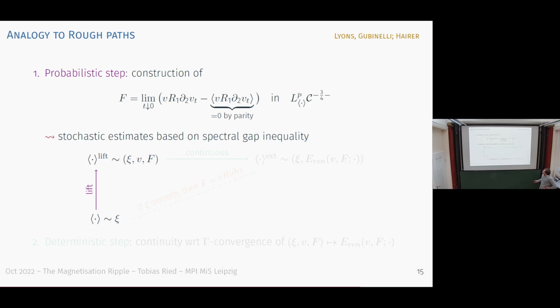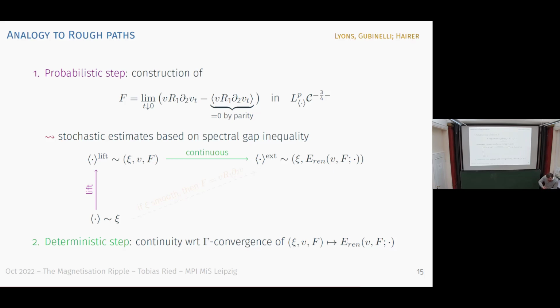such that if you now insert it in a deterministic argument, namely you just take these enhanced data, Xi, V, and F, and use a completely deterministic analysis, you can show continuity, with the nice properties of the renormalized energy. You have continuity of the map that associates Xi, V, F to the corresponding renormalized energy, continuous with respect to gamma convergence.